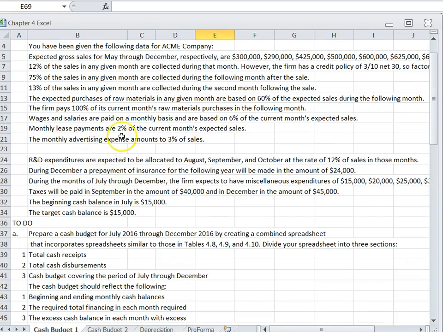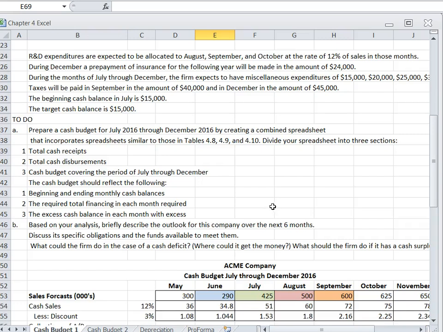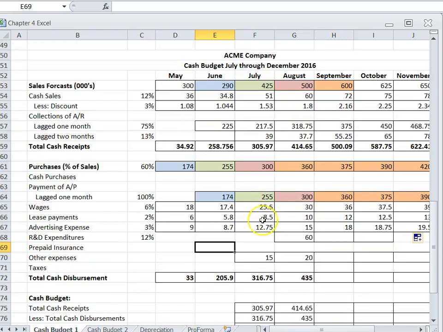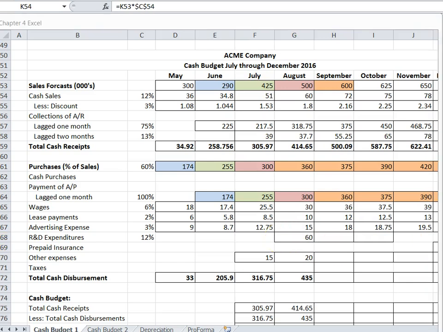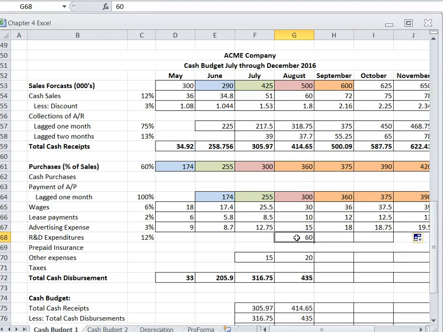See what else we got. The R&D expenditures are expected to be allocated in August, September, October at a rate of 12% of sales in those months. Okay, so we can see here R&D, the 60 is already plotted in, but we're going to have to also put this in for September and October.